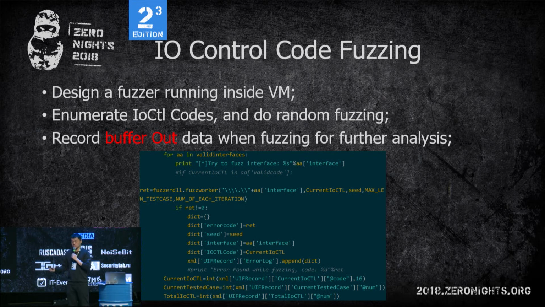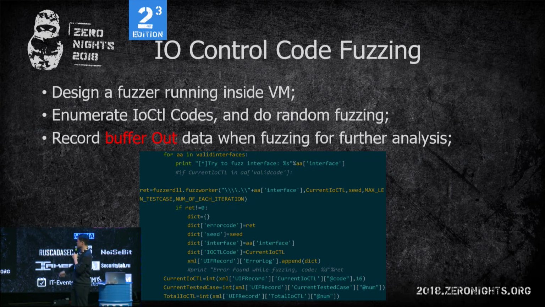We have to design a fuzzer to run inside the VM that enumerates each IOCTL code and does some random fuzzing. We also need to record the output buffer data during fuzzing, which may result in some information leak or kernel-mode issues.